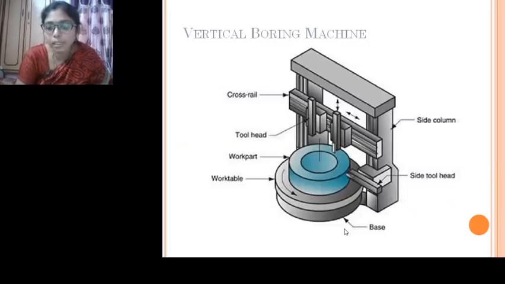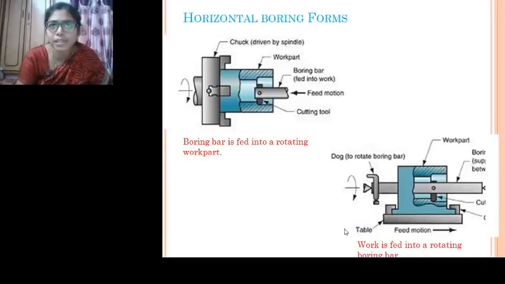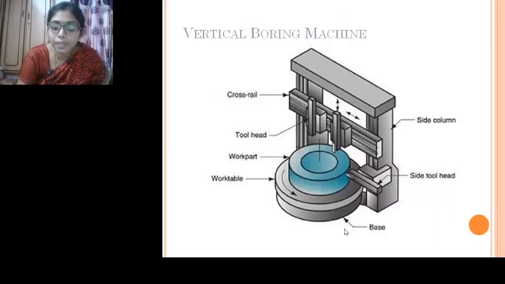Now these are the different forms of boring operations. Now if you take, as we have discussed, depending on the length of the workpiece, if it is large compared to the diameter, we go for a horizontal boring, and if the diameter is large compared to the length of the component, then we go for a vertical boring machine. Now those kind of workpieces can be machined by using a vertical boring machine. Now this is a vertical boring machine where you can see the feed motion.